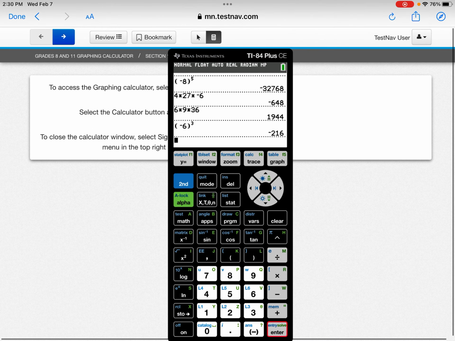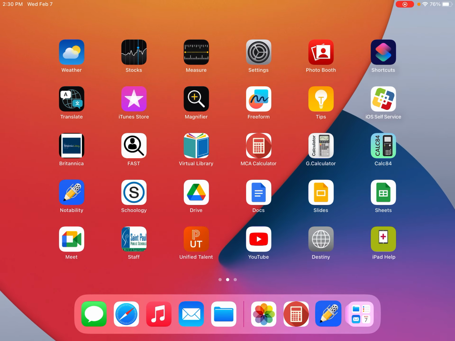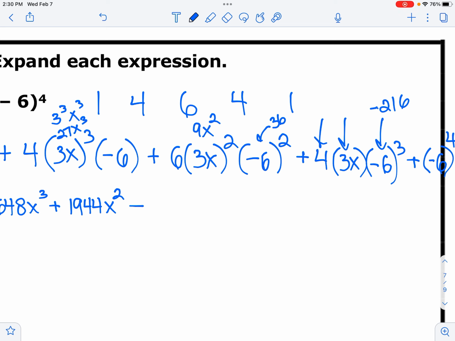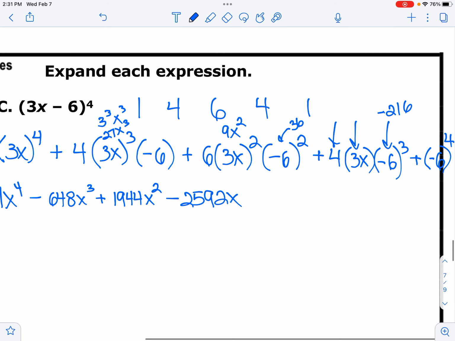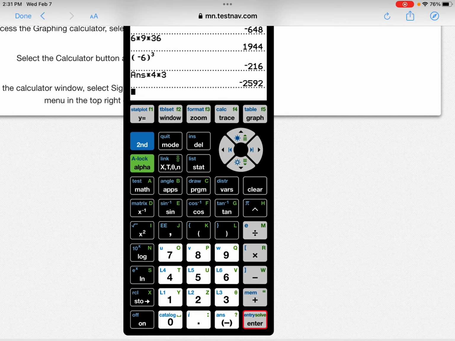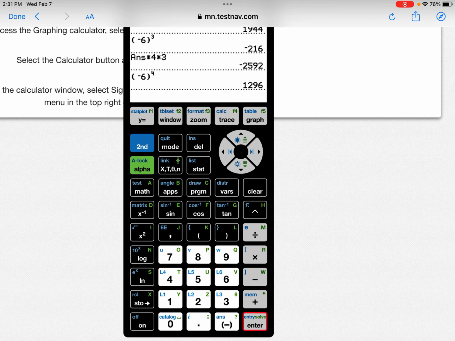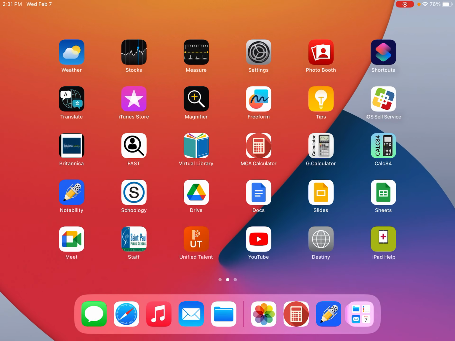Okay, so times 4 times 3. Negative 2,592 x. And then lastly, I have negative 6 to the fourth power. Which is 1296. Okay.